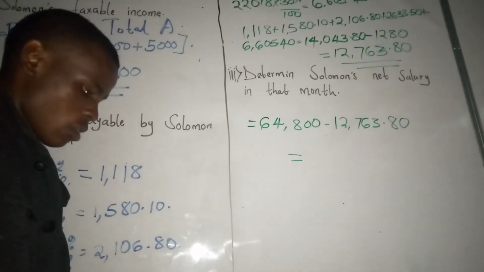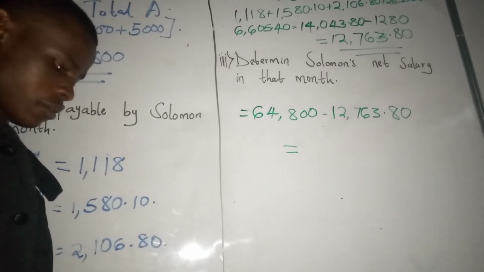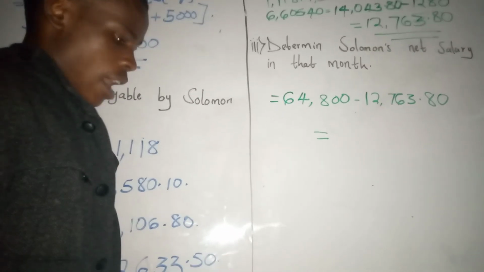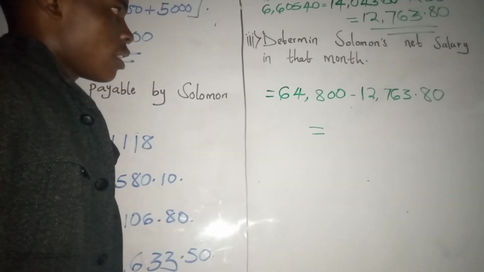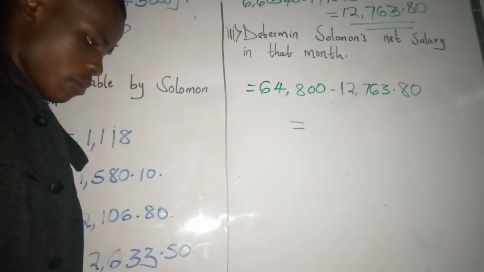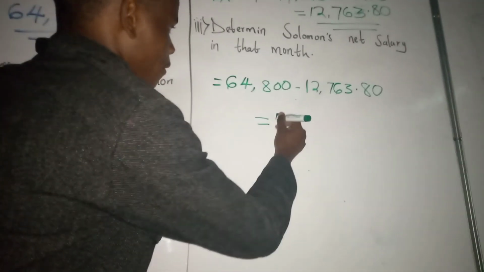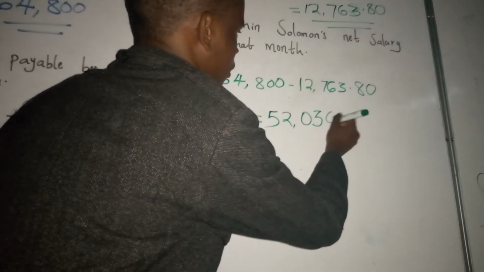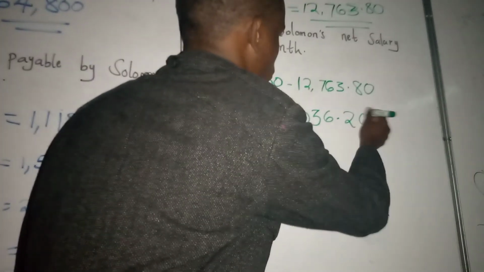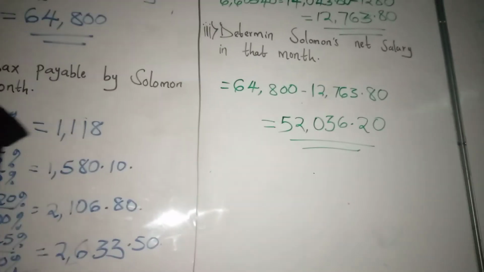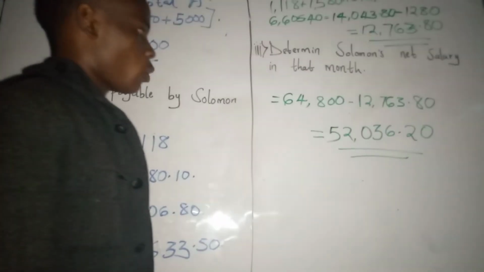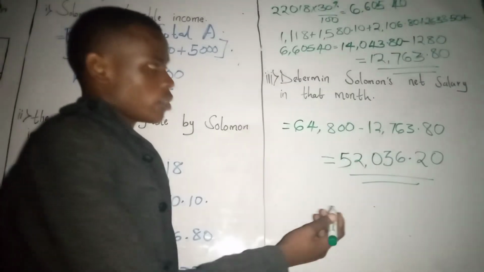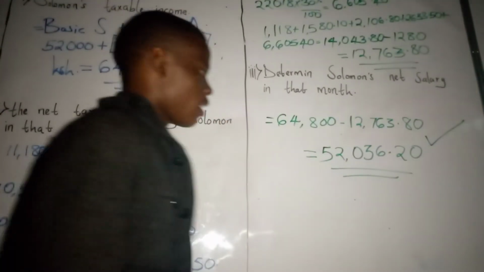If we subtract that, we are going to get 52,036.20. So this is the answer of the last bit of our question.